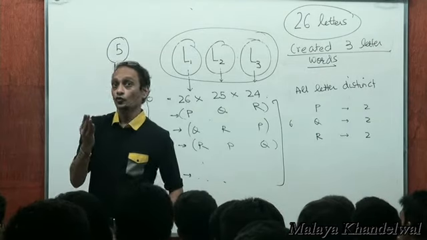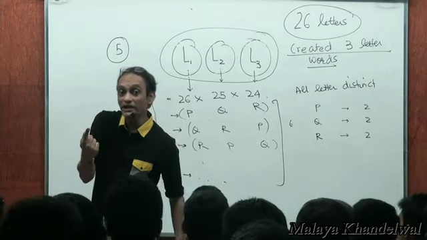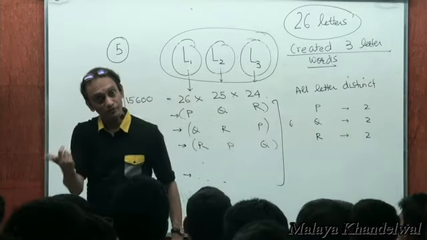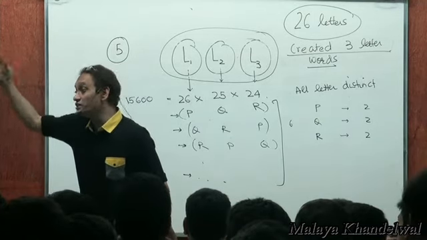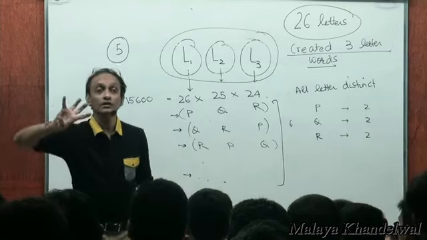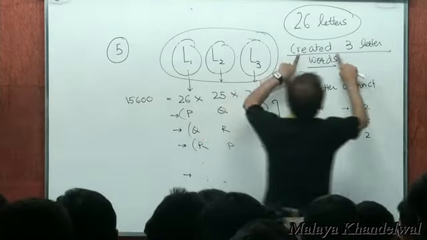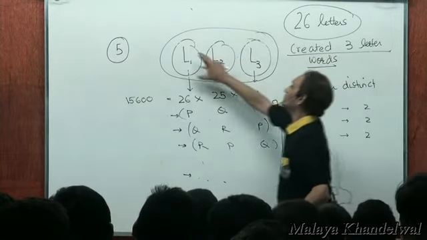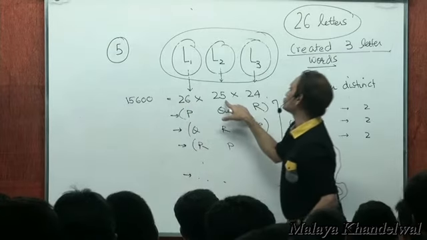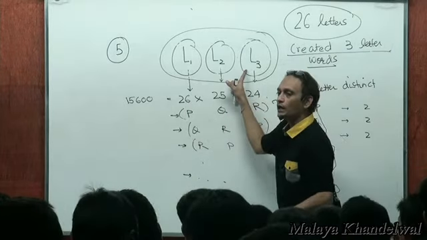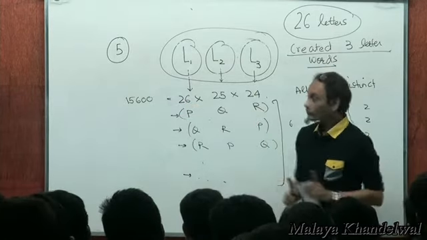I mean, ON is not the same as NO. It's the same letters, but they mean different things. So the moment it's about creating words, the order in which the letters appear becomes important. So the number of ways in which I created 3-letter words is about filling up these 3 spaces, which I could do in 26 into 25 into 24, and like I said, I built an inherent order in this. Clear?